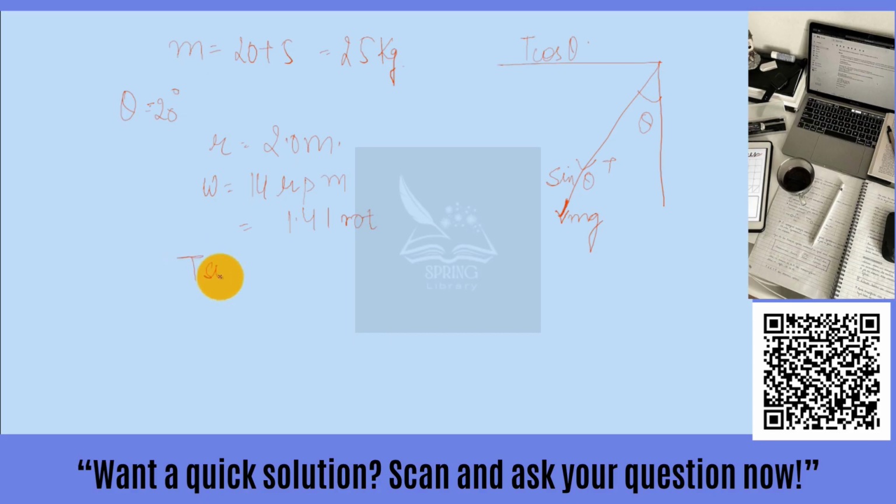T sin of theta is equal to mv square upon r. T cos of theta is equal to mg.